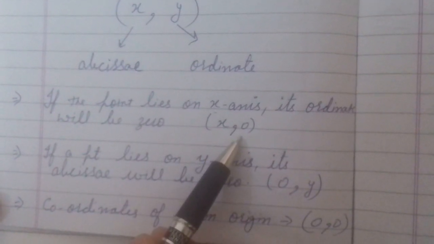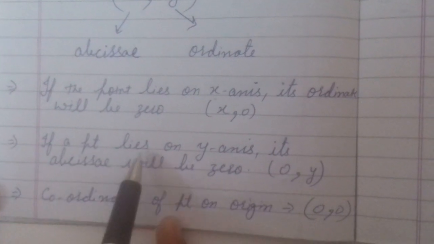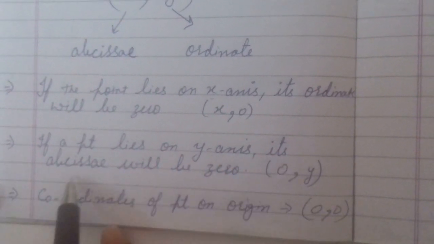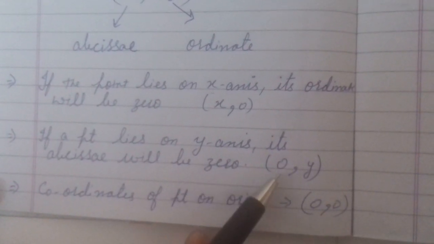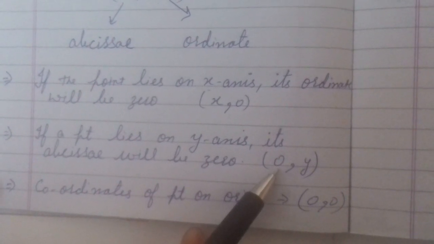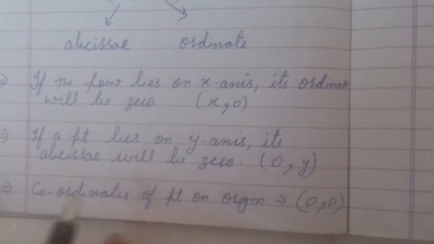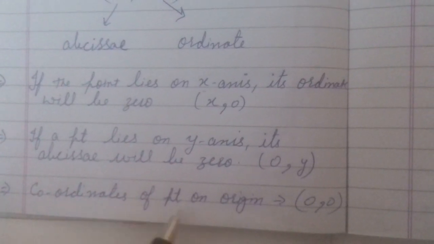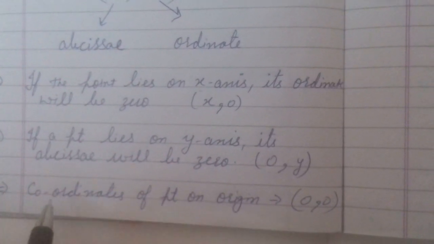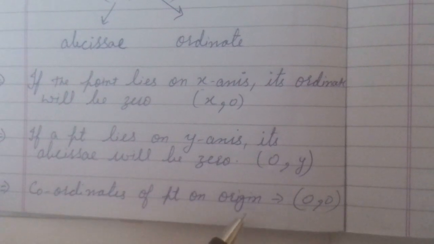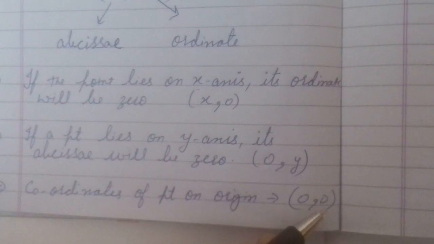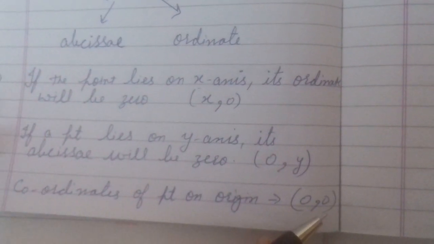So these are the coordinates. If a point lies on the y-axis, its abscissa will be 0. Abscissa means the x coordinate will be 0 and the ordinate will be y. And if the point lies on the origin, the coordinates will be 0 and 0. Clear?